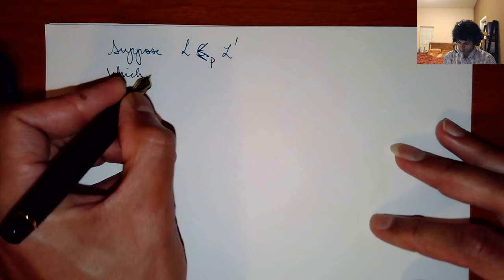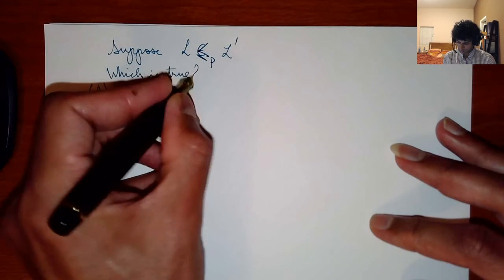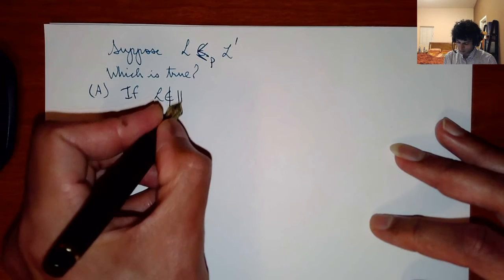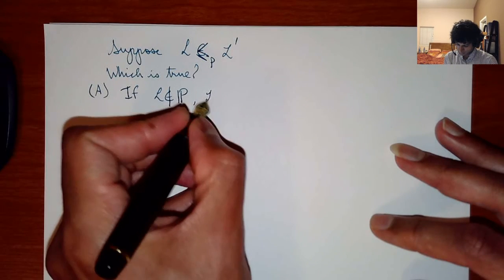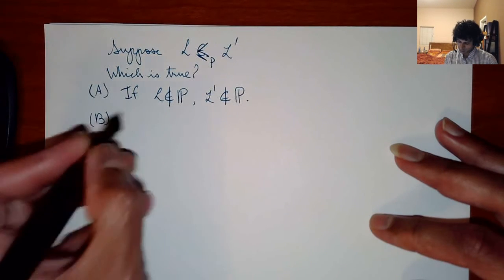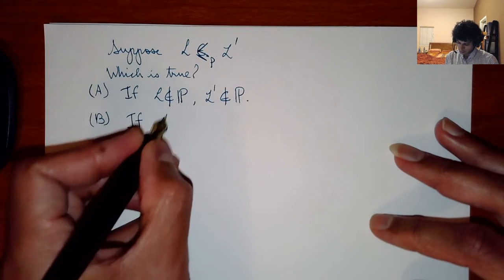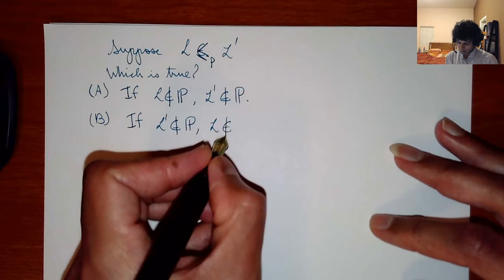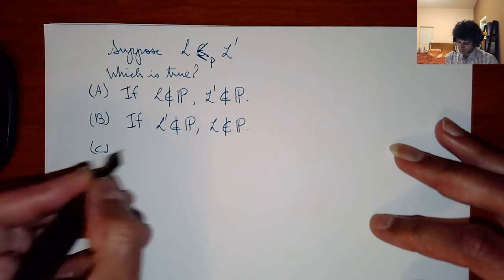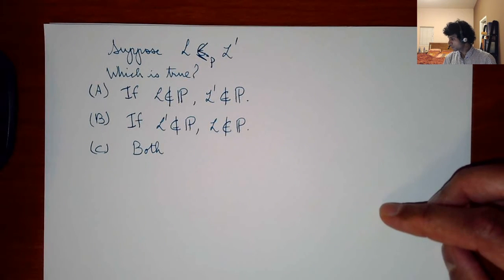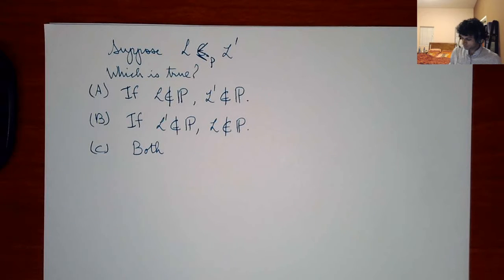A: If L is not in P, L prime is not in P. B: If L prime is not in P, L is not in P. Or is it both? So I'm just going to start the poll and tell me the answers.